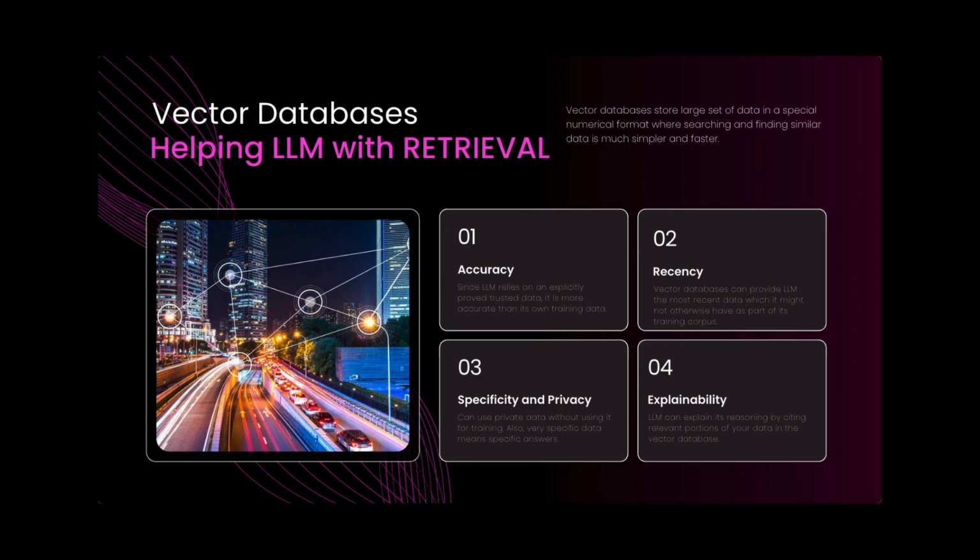Vector databases solve the problem of efficiently storing, searching, and analyzing high-dimensional vector data. This type of data is often generated by machine learning models and represents complex objects like images, text, audio, and even user behavior.